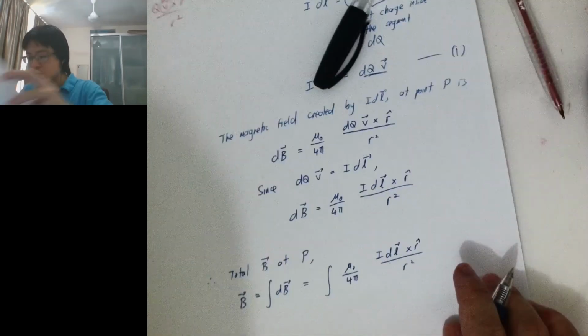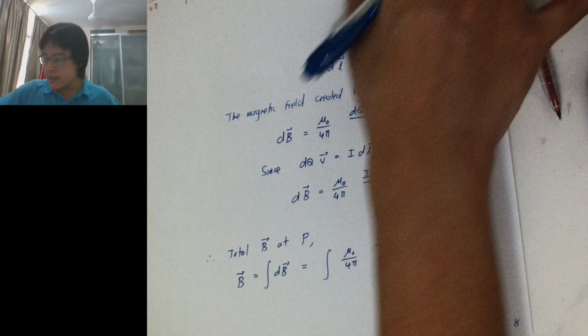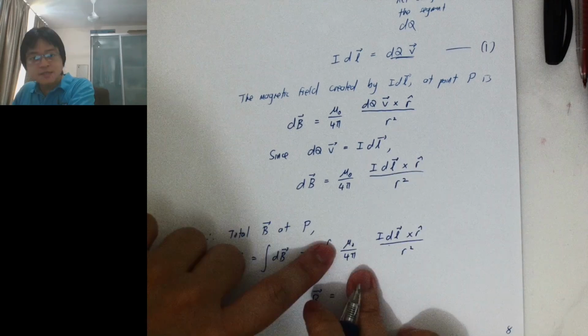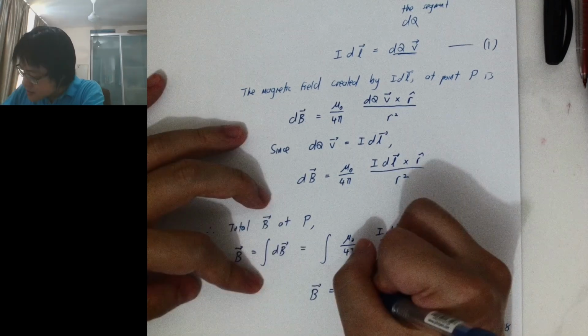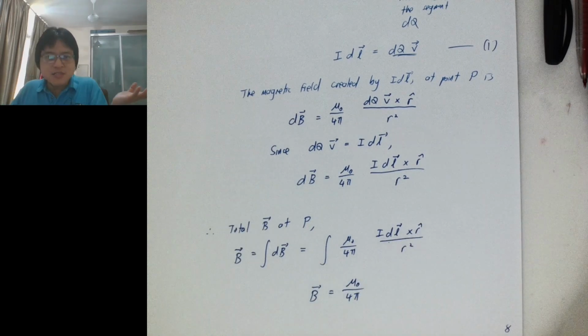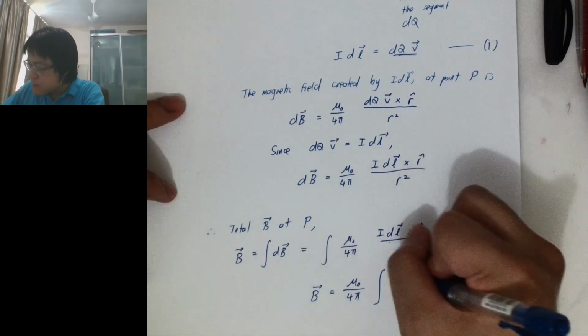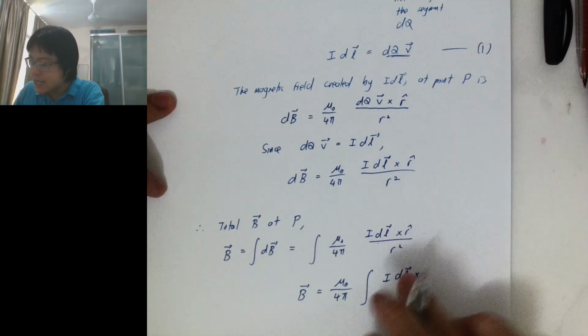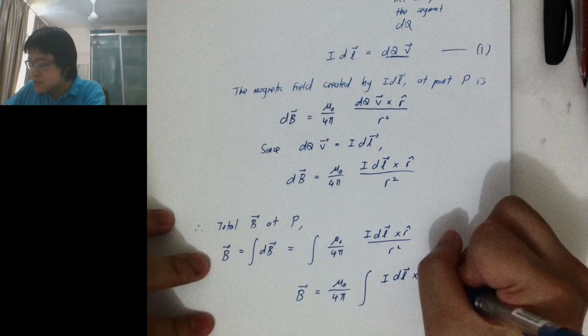Okay, so finally we get the formula for my magnetic field. These are constant, so no need to integrate. The current may or may not be constant. It depends on the question, so just to be safe, we will keep it inside first. But don't worry, you will see for most of the examples, this expression will simplify a lot.